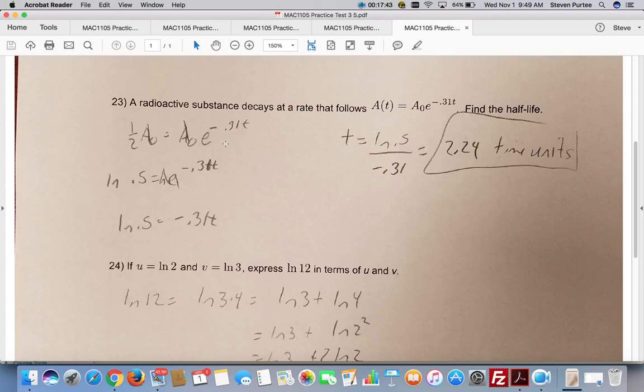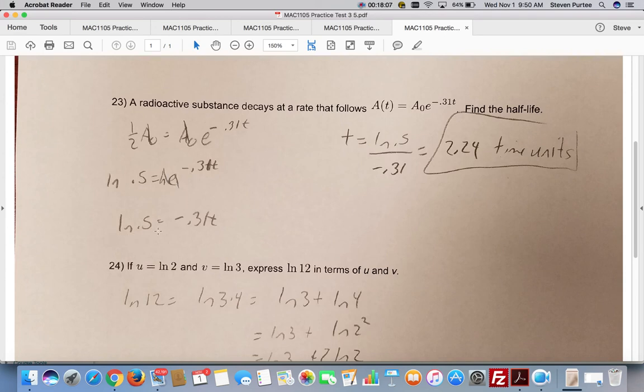That's an exponential equation. To solve it, I take the natural log of both sides. Since I'm dealing with base e, I should use natural log. So I get natural log of 0.5 equals natural log of e raised to the stuff. E raised to a power and natural log are inverses of each other. They cancel out. That's what inverses do.